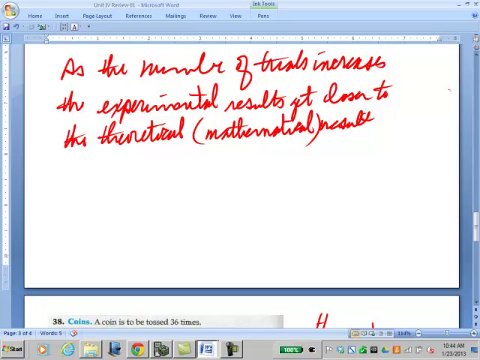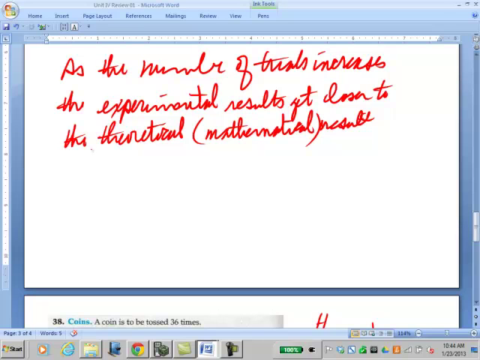You can get 2 heads. You can get 1 head. No heads. The more times you flip it, the closer that your actual number of heads approaches your expected number of heads. Okay, that's number 1.